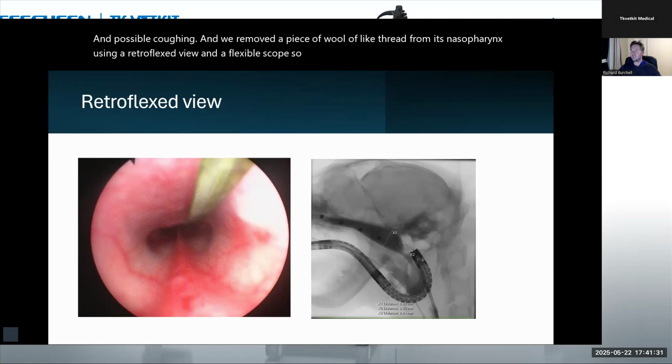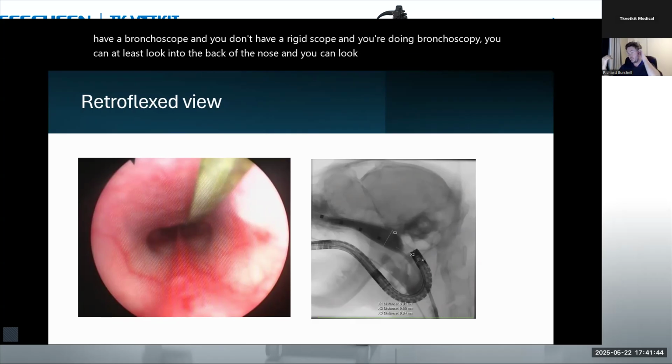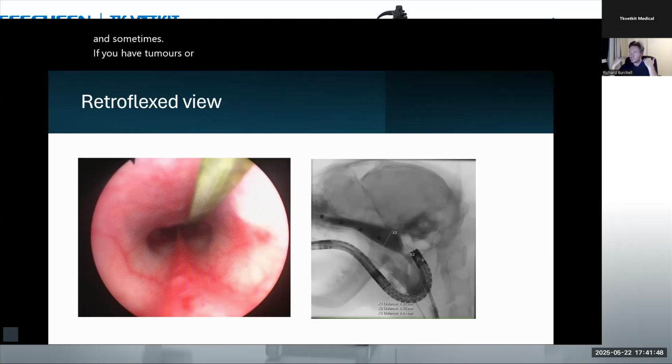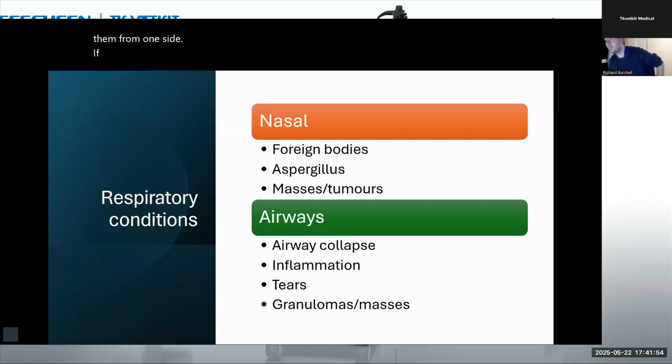So this is easy to do, and even if you have a bronchoscope and you don't have a rigid scope and you're doing bronchoscopy, you can at least look into the back of the nose, and you can look for pathology in the back of the nose. And sometimes if you have tumors or polyps, they will project into the nasopharynx, so you can at least see them from one side.